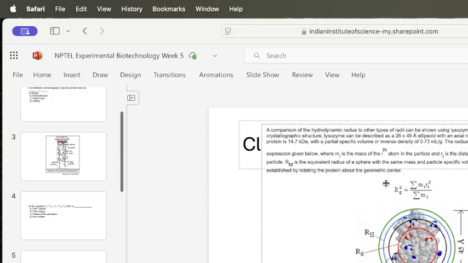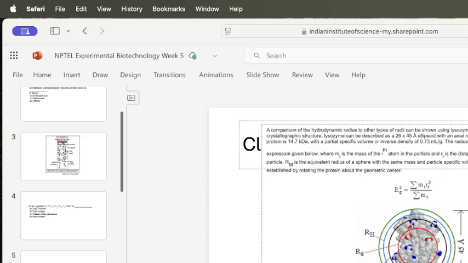What they show here is, for an example enzyme called lysozyme, they've created this map from the crystal structure of lysozyme, and it is slightly elongated. It's not entirely spherical, and they've given it a molecular mass and an inverse density.